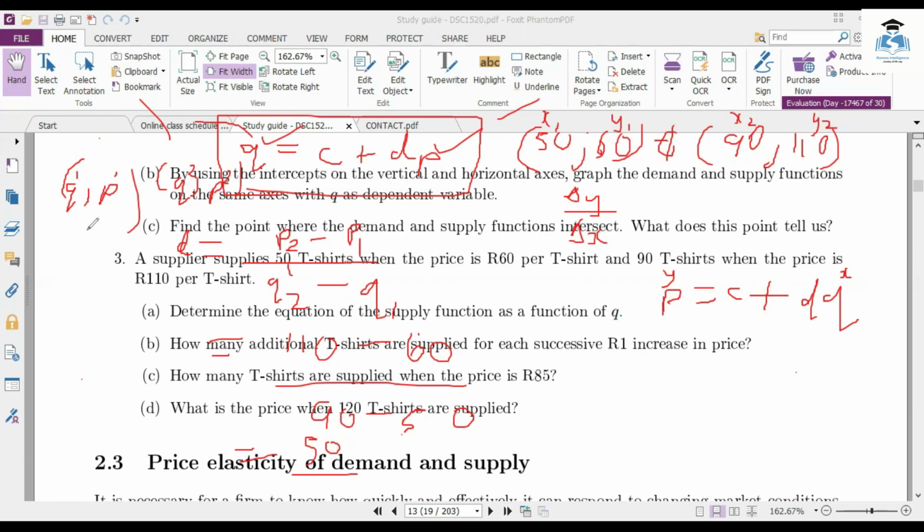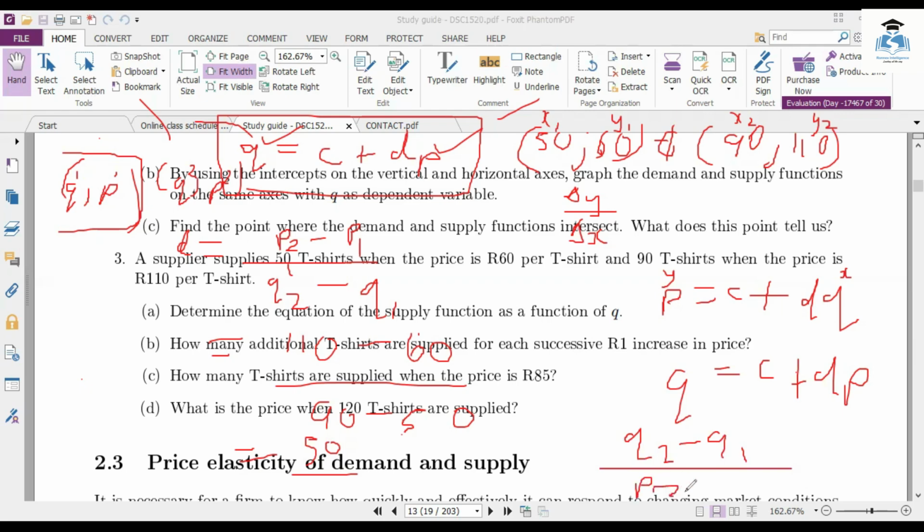Remember also, the one that is on the y-axis is the one that you put on top. But if it was Q equals C plus DP, that's when we would say Q2 minus Q1 over P2 minus P1.